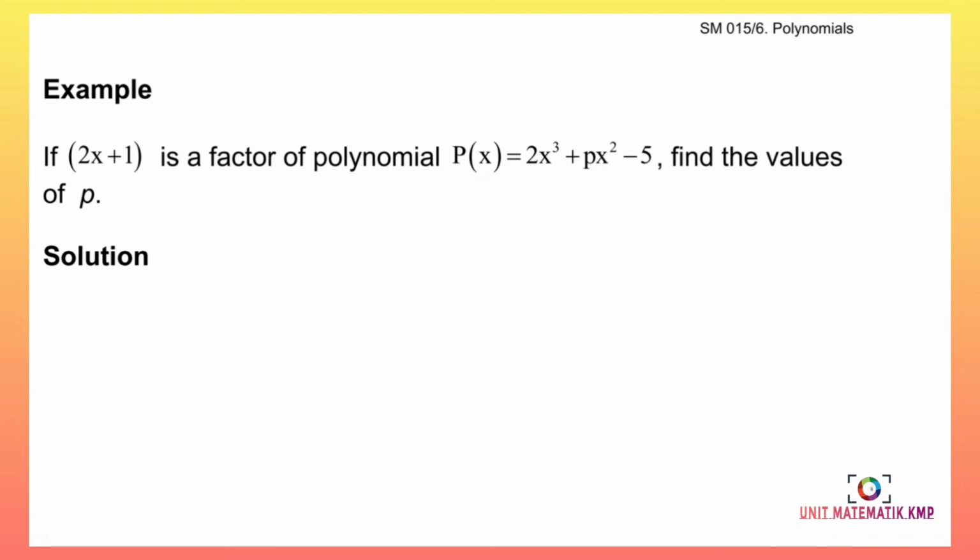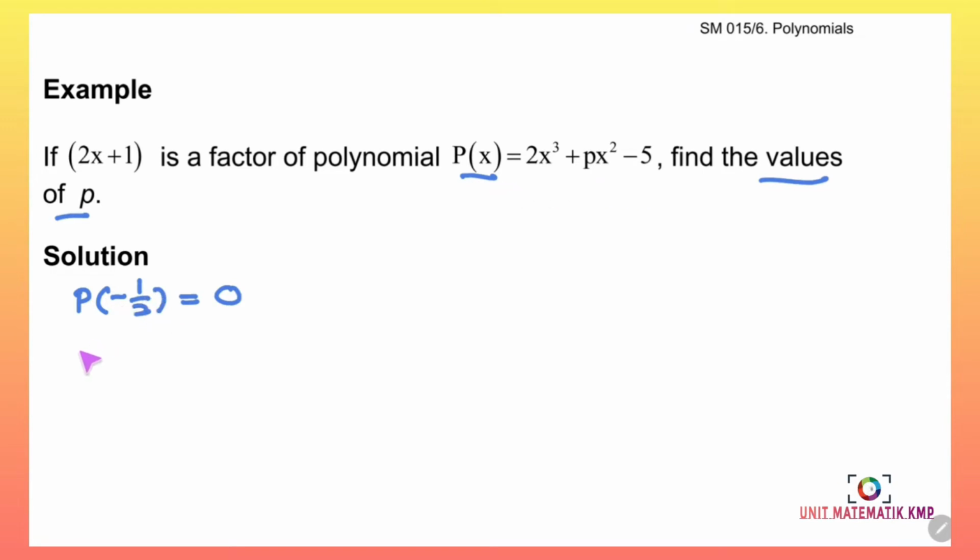Okay, second example for the factor theorem. If 2x plus 1 is a factor of polynomial P(x), find the value of p. We are given that 2x plus 1 is a factor of P(x). So firstly, we need to rewrite: P(negative 1 over 2) is equal to 0. Then substitute x equal to negative 1 over 2 into the given polynomial.